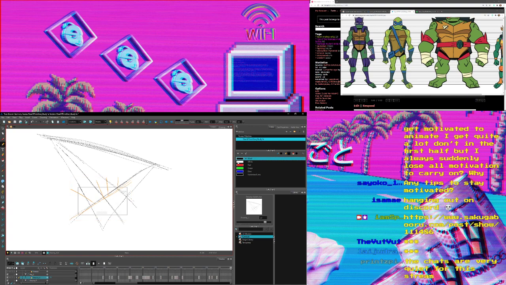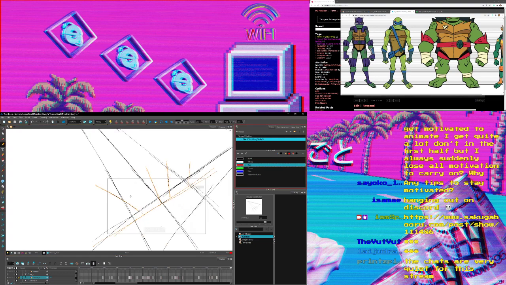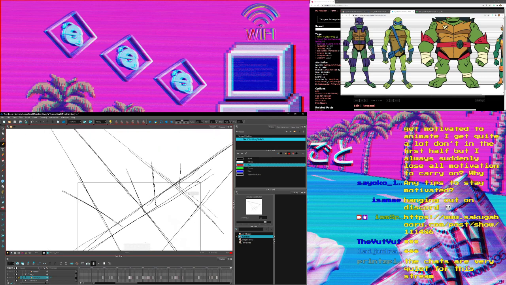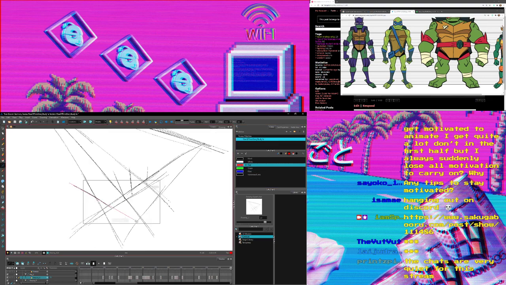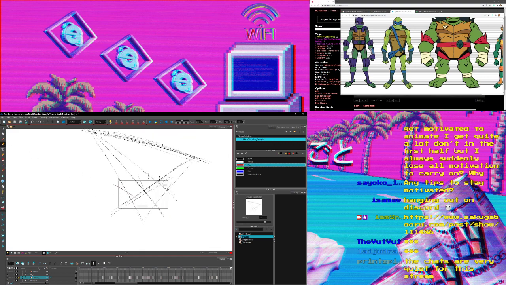So I'm going to copy-paste that in there. Make that red. Whoops. Well, anyway, we can maybe say the three-point perspective line is somewhere.